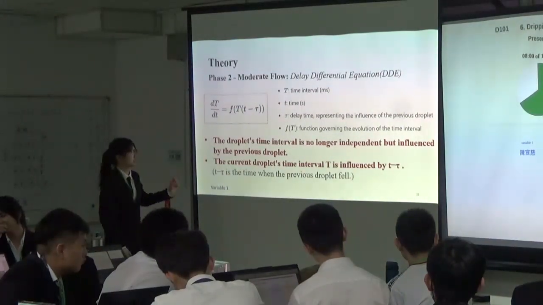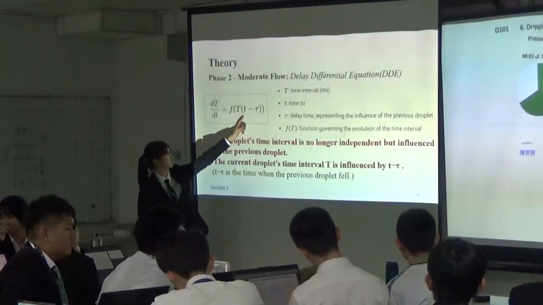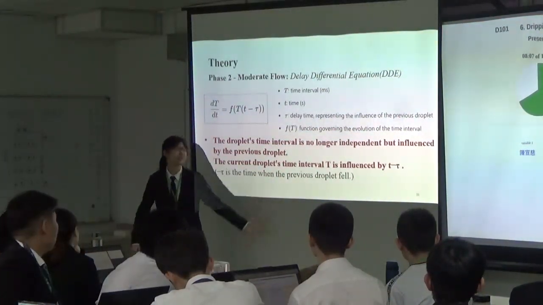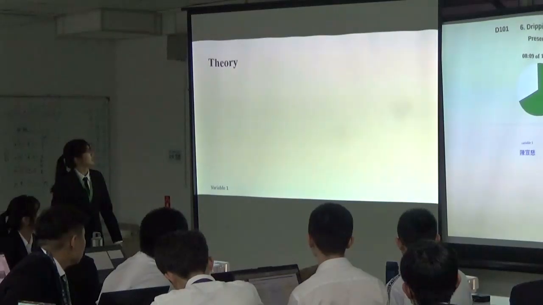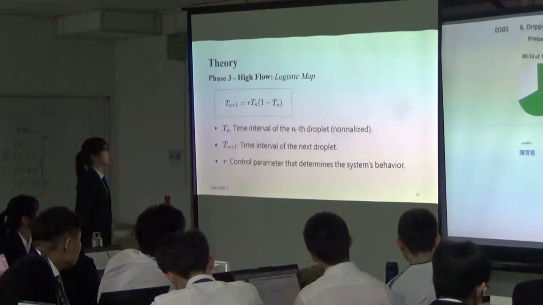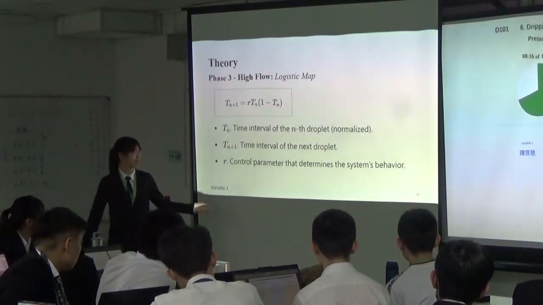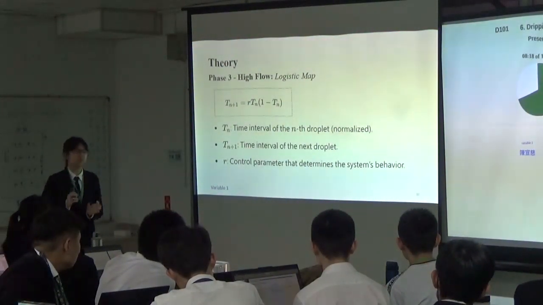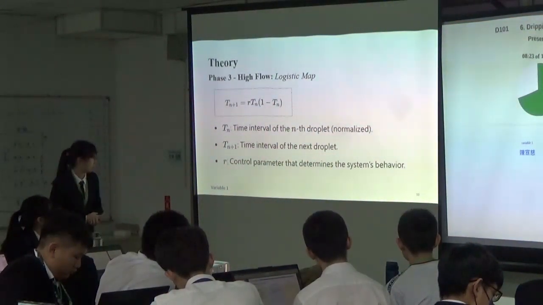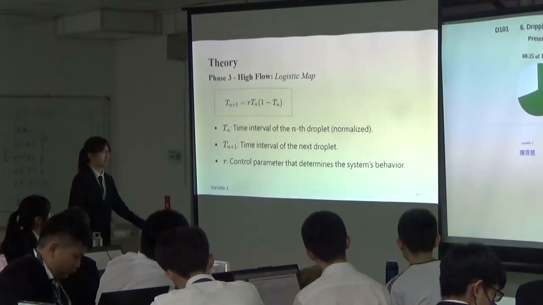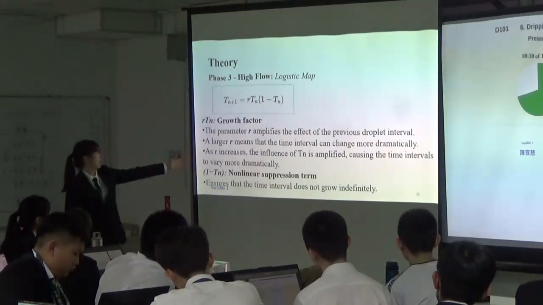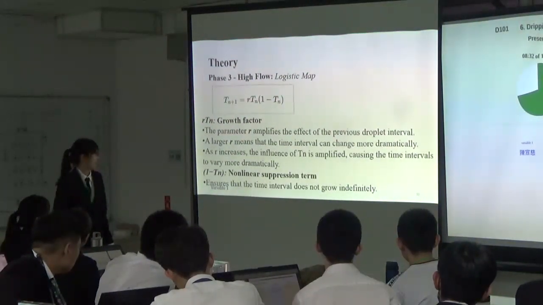So the current droplet's time interval is influenced by this, which is time minus delay time, and this stands for the time interval of the next droplet. And R is the control parameter that determines the system's behavior. Here R times Tn is the growth factor.